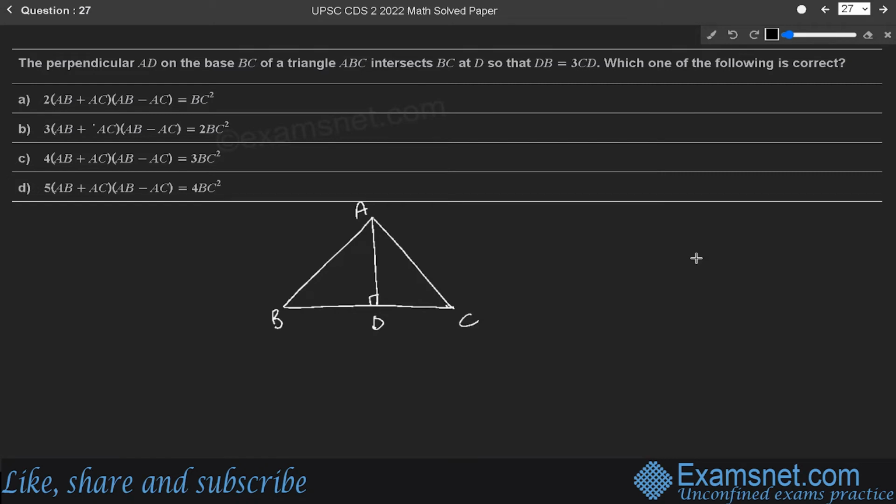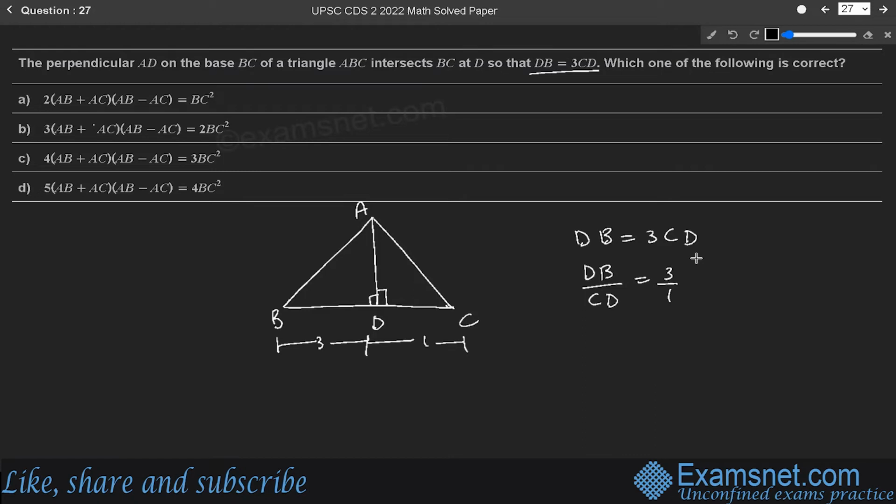So both of these are 90 degree. I hope up to here it is clear to you. The value is given, which is DB is equal to 3CD. Means DB is thrice of CD. So we can say that DB upon CD is equal to 3 upon 1. Means DB is 3 and CD is 1. I hope it is clear to you.